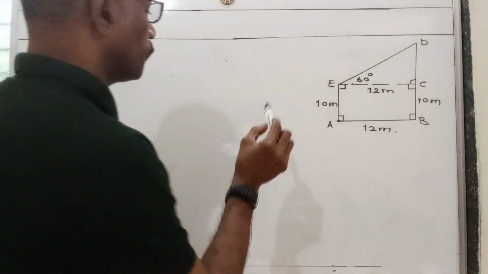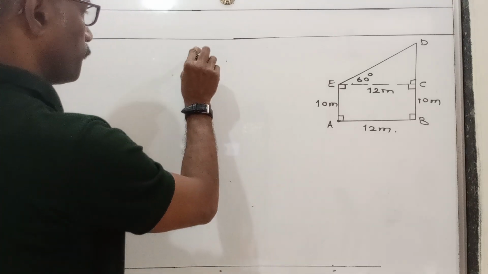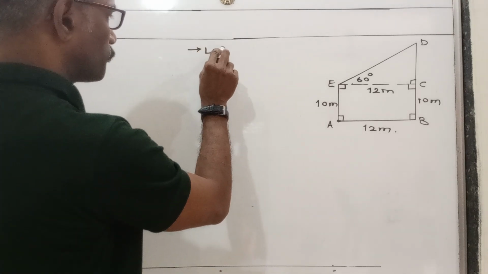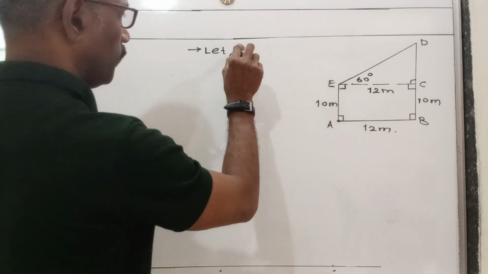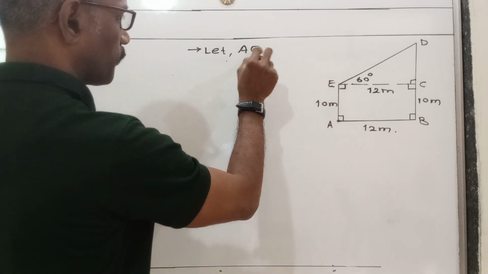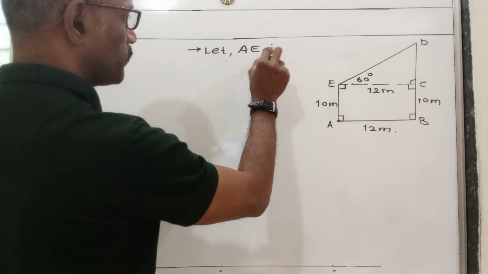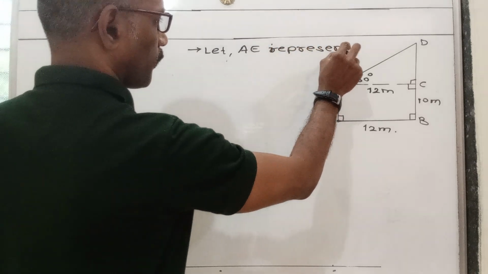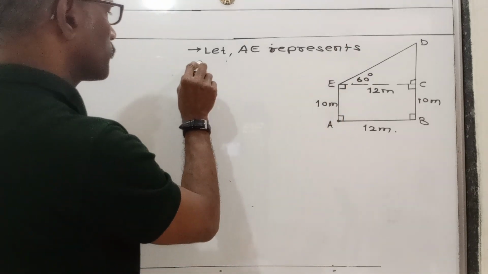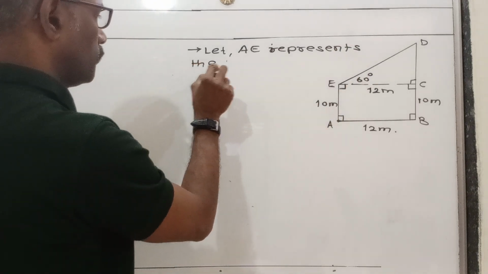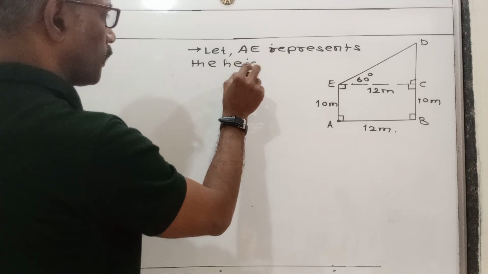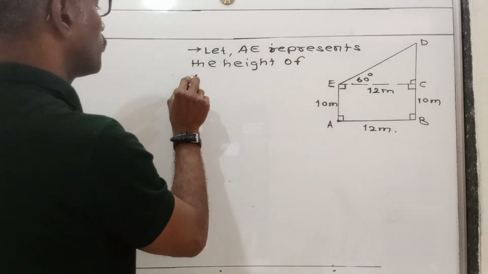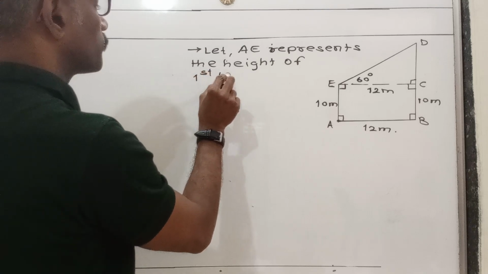Did you get it? Now see here carefully. Let AE represent the height of the first building.